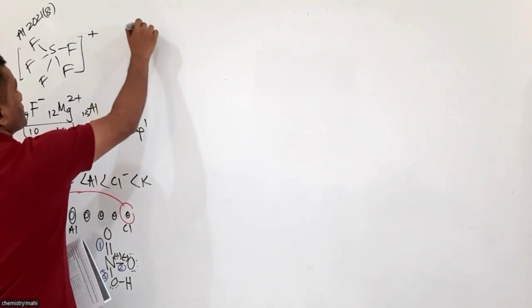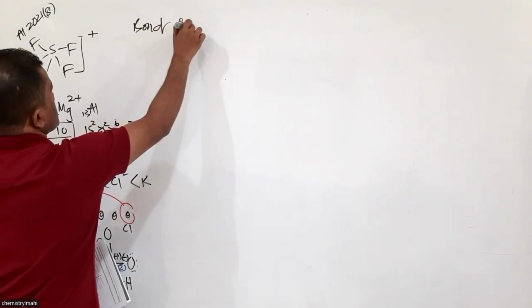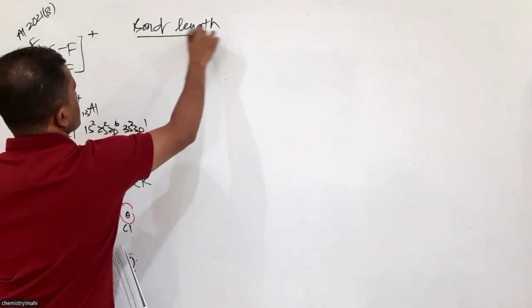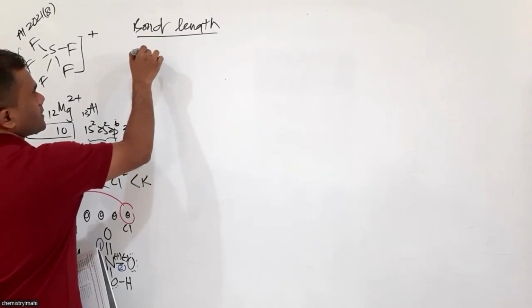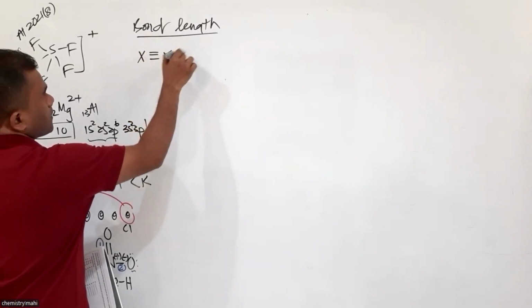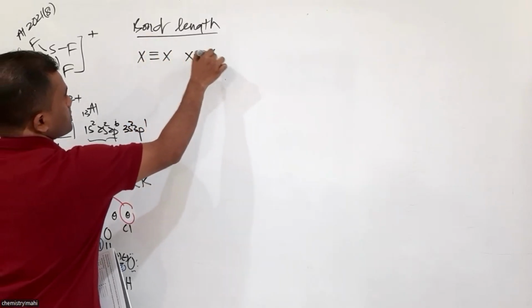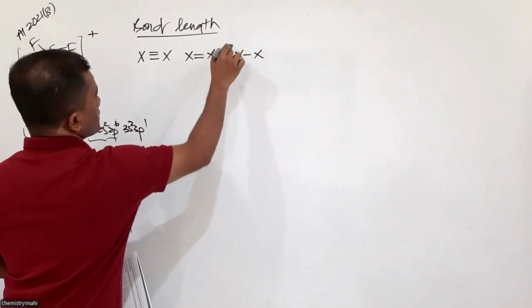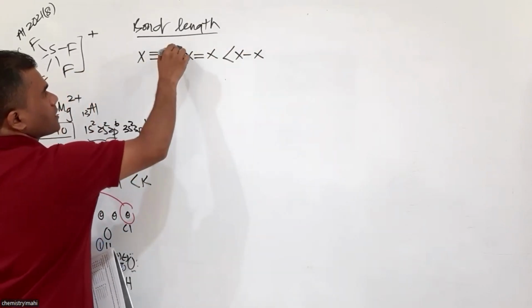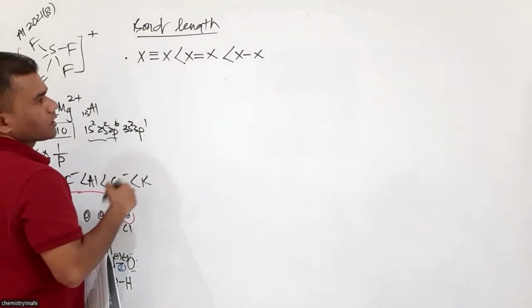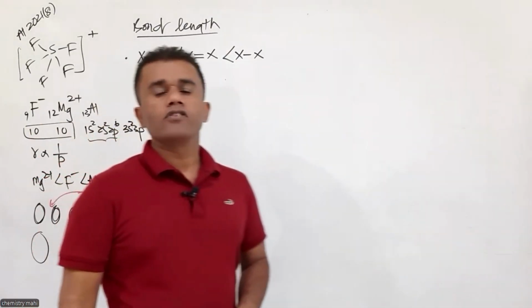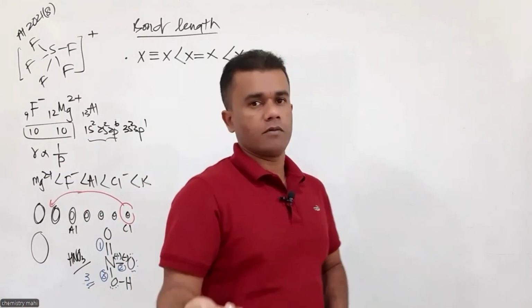Bond length, I hope you remember we discussed that at the very beginning of the bonding part. I said bond length increases when the overlapping decreases between 2 atoms. I hope you remember. Single, the longest. Triple, the shortest. That's one concept you need to know. Sometimes you get a bond somewhere in between single and double.